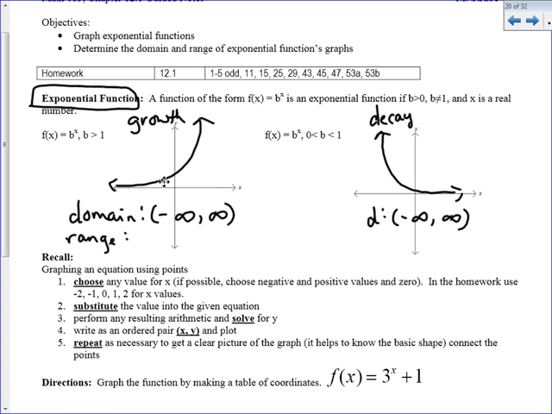The reason is when I put a negative exponent in, I get that 1 over, and that fraction gets smaller and smaller and smaller. But there's no value for x I could substitute in that would make this expression 0. Any negative exponent I put in is just going to make a smaller and smaller fraction. So the range starts at 0, but it never actually gets to 0.